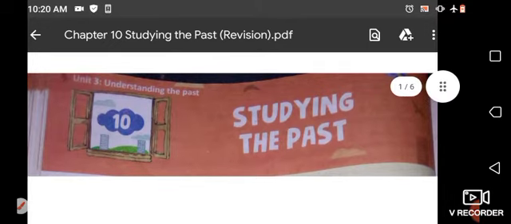So, study means to read something, to learn about something. Past means a time that has already happened. All the things that have already happened are included in the past.